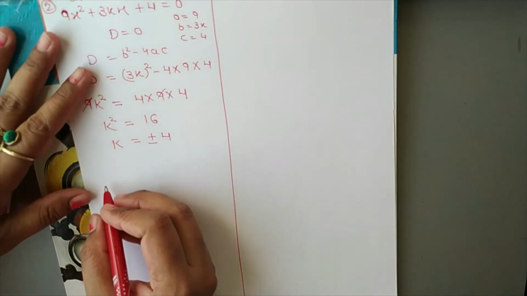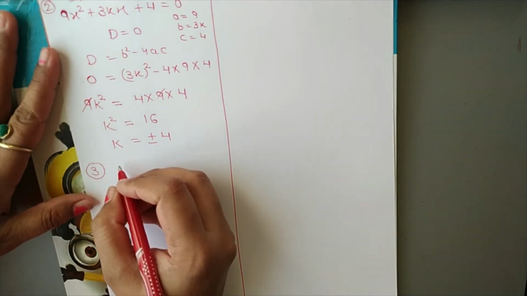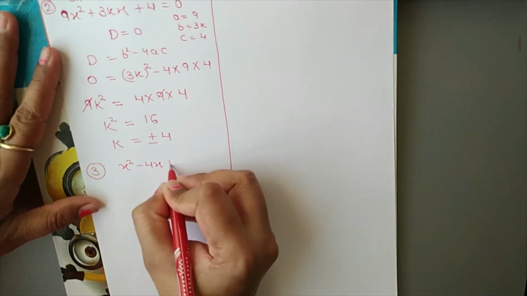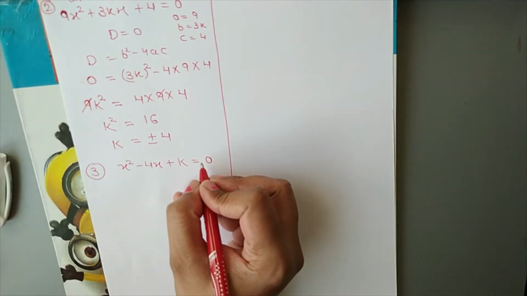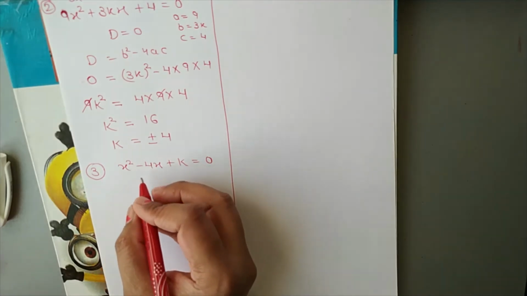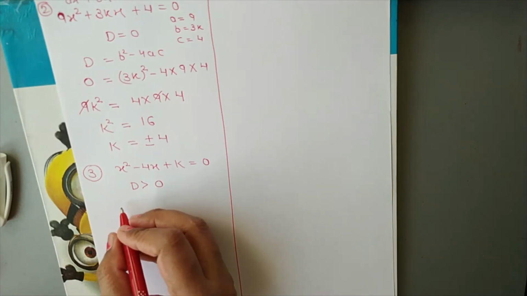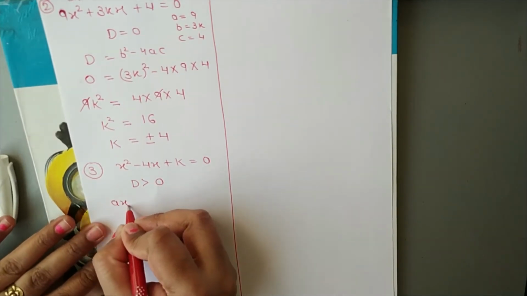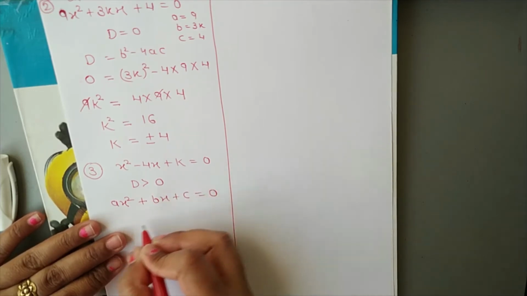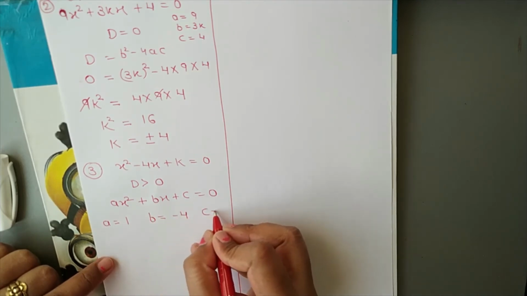Now the next question is, find the values of k for which the equation x square minus 4x plus k is equal to 0 has distinct real roots. Distinct real roots means d is greater than 0. First we have to compare this equation with the quadratic equation, that is ax square plus bx plus c is equal to 0. So a is equal to 1, b is equal to minus 4 and c is equal to k.